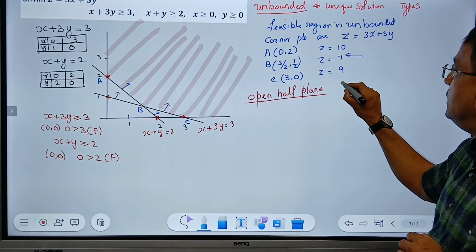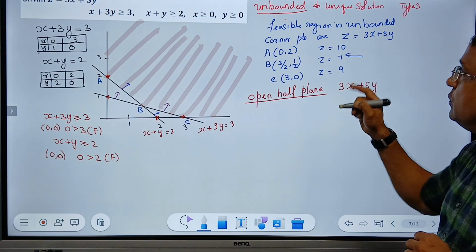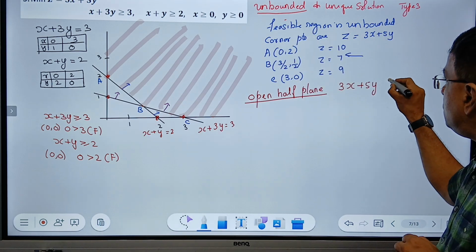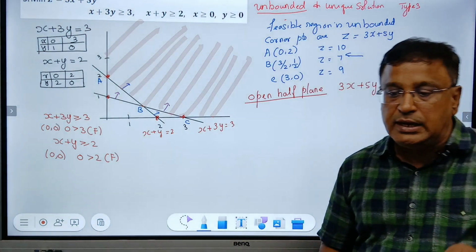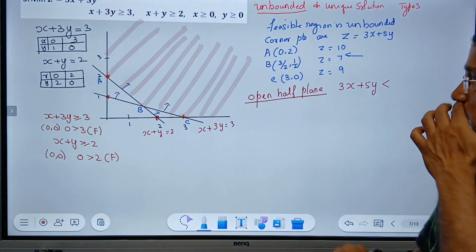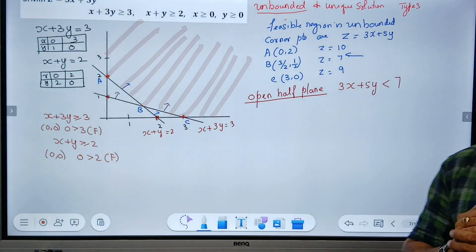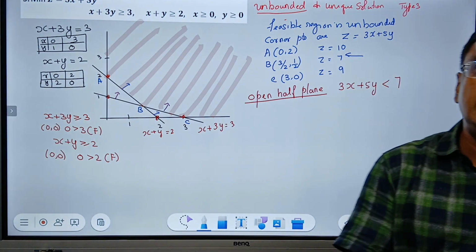Now take your Z. What is your Z? 3x plus 5y. If the question is to minimize, put less than. Don't put less than or equal to. It is only strictly less than. And what is the minimum value you have got? 7. Now this needs to be plotted on the graph.